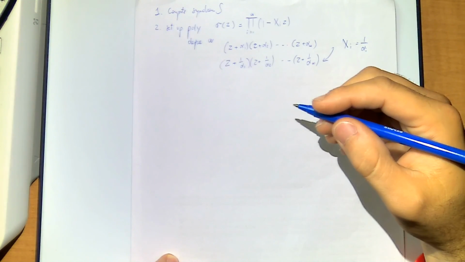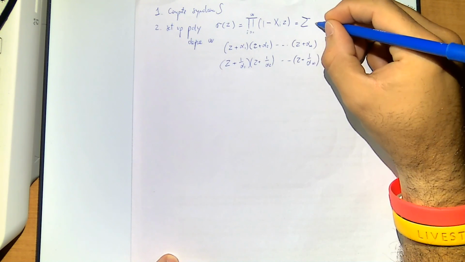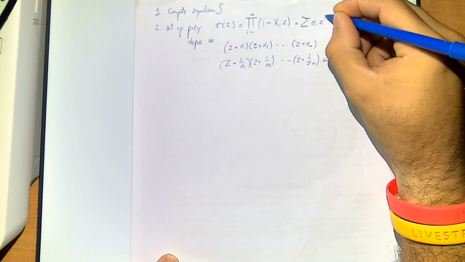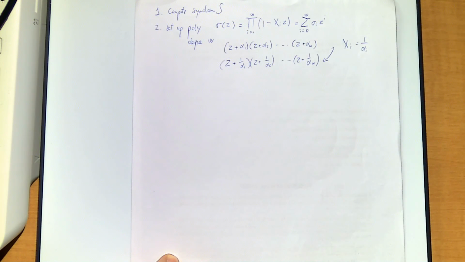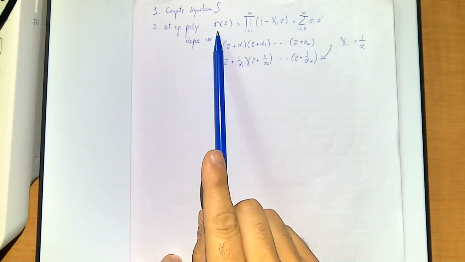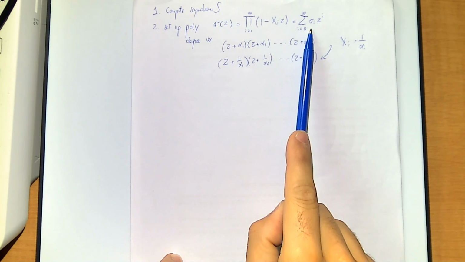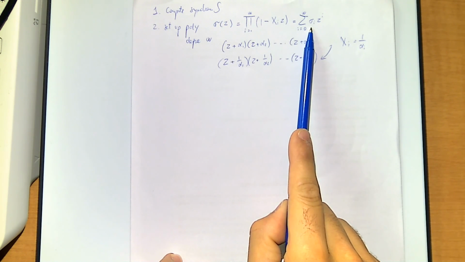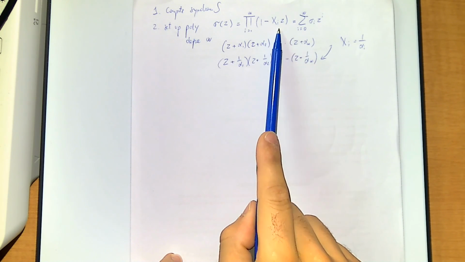This will be a certain polynomial, the sum of sigma i z to the i, i from 0 to w. A polynomial of degree w. So I compute the syndrome, and that gives me a polynomial of this form. I know it's the product of w separate factors, each corresponding to the reciprocal of one root.